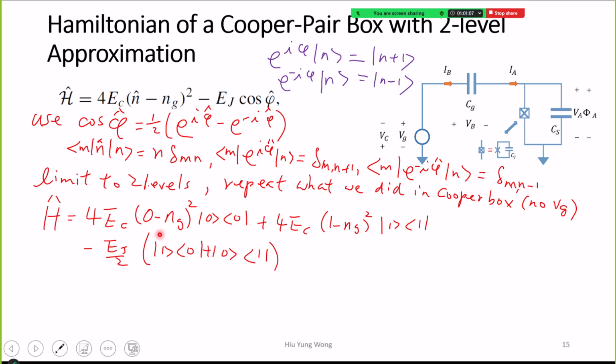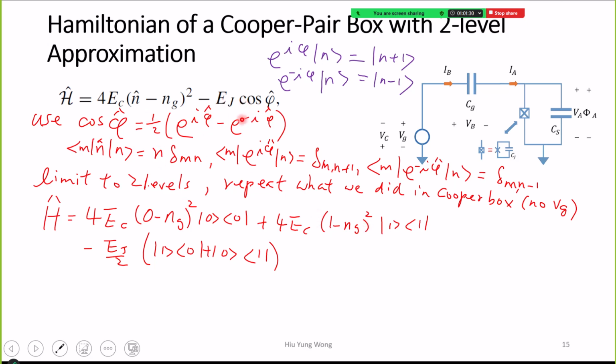but I think you should appreciate why we have this, because this one has the n hat, and it is only non-zero on the diagonal terms, right? So when n equals 0, this is |0><0|, n equals 1, this is |1><1|. These are diagonal terms, and they have the corresponding 0 minus ng, 1 minus ng.